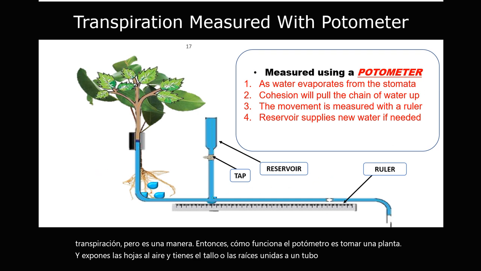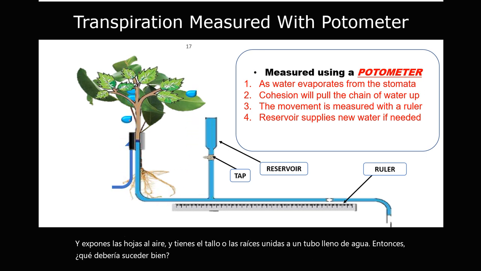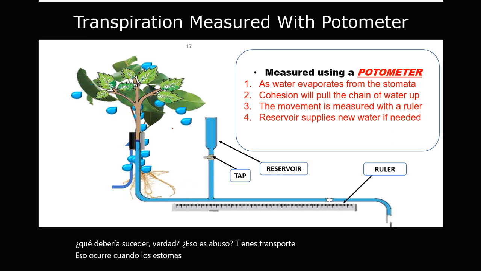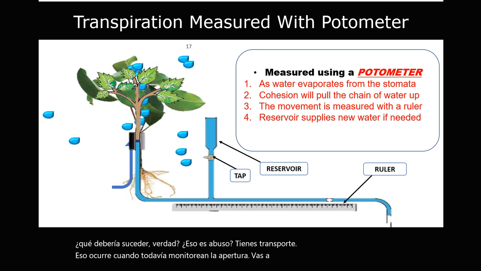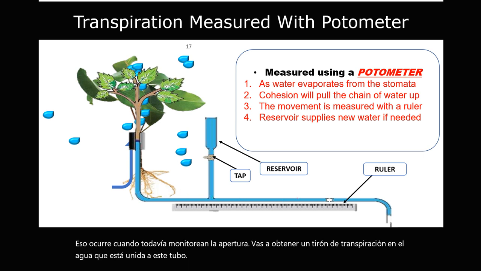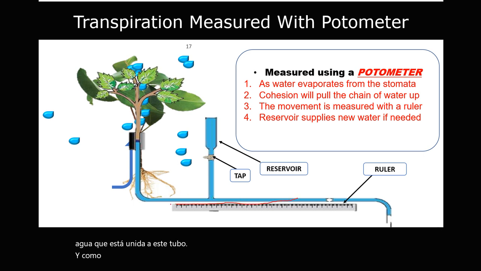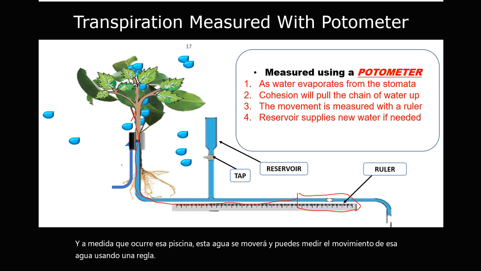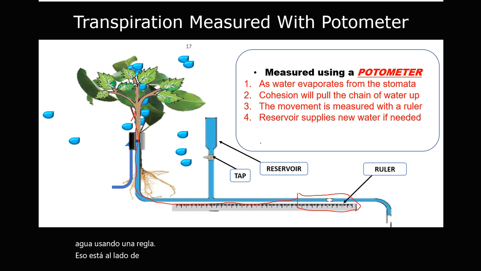As transpiration occurs when the stomata are open, you're going to get transpiration pull on the water that is attached to this tube. As that pull occurs, this water is going to move, and you can measure the movement of that water using a ruler that is next to that tube. So this entire setup is called a potometer.